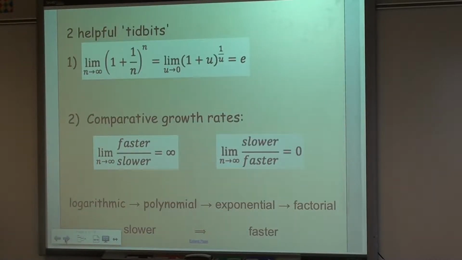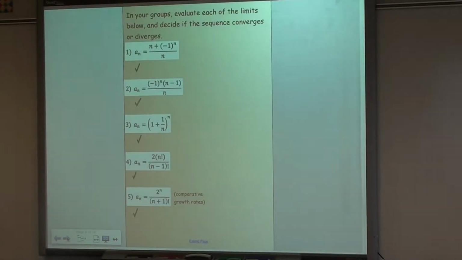If you forget comparative growth rates, you can always L'Hopital, right? But it's just something handy to help you do limits a little bit faster. All right, everyone have that down? Yes? Okay. Good.